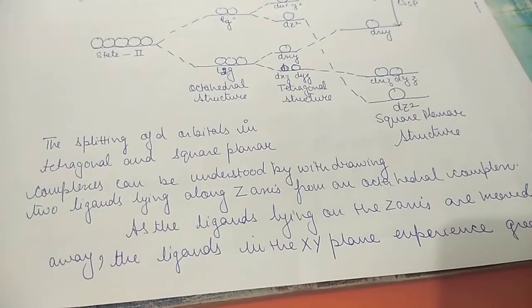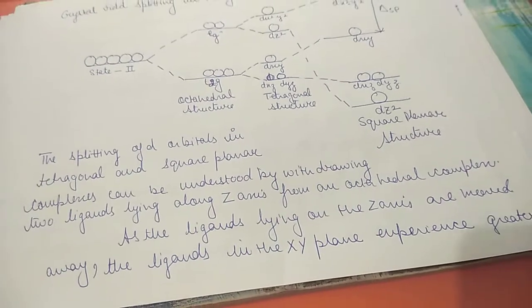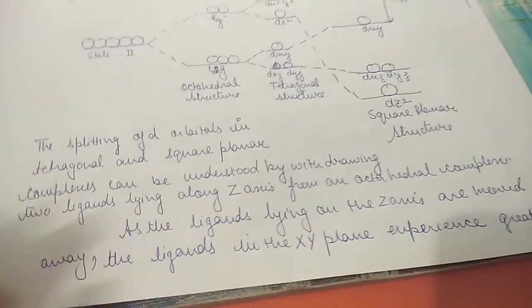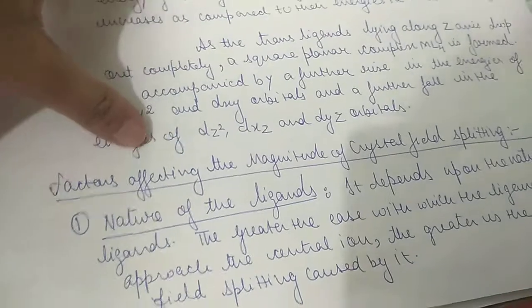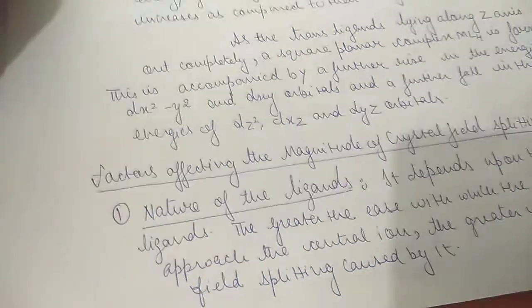As the ligands lying on the z-axis are moved away, the ligands in the xy plane experience greater repulsion from the electrons of the ligands in a tetragonal complex than in an octahedral complex.